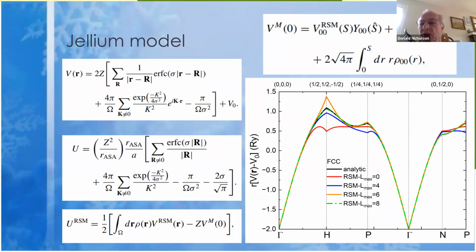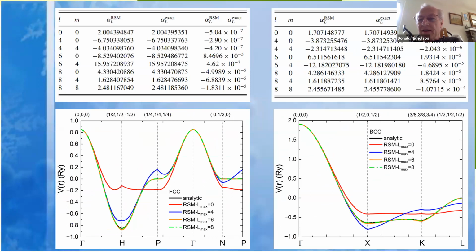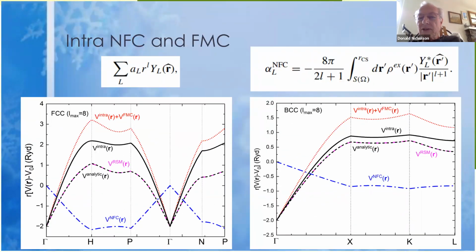Okay, one of the big problems with the angular momentum comes in from those near field corrections and the shape of the cell, because the shape function does not converge very rapidly in L. But for the Poisson equation, it has this great property that it's a linear equation. You can break the charge up any way you want to, and you can use smooth cell functions that converge more rapidly in L. And I think the L expansion convergence, at least in the Poisson equation, will sort of go away.